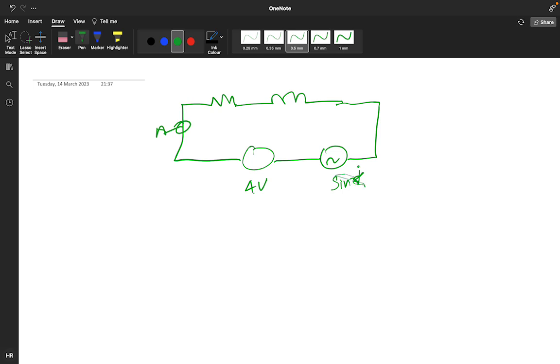This particular one is your sin t volt. This is your 4 volt, positive negative. This value is 1 ohm and this value is 1 Henry.